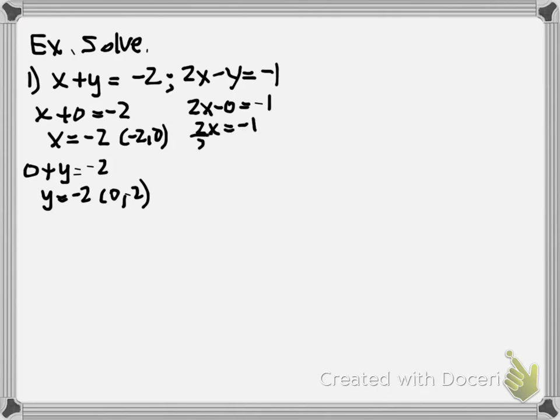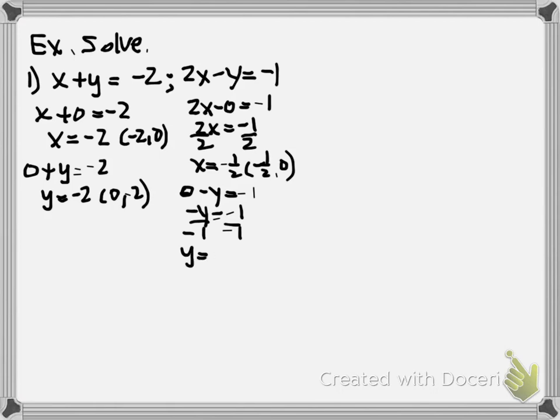This one required a little more work, so I get x equals -1/2, or (-1/2, 0). Then with x as 0, negative y equals -1, so I divide both sides by -1 and get y equals 1, or (0, 1).